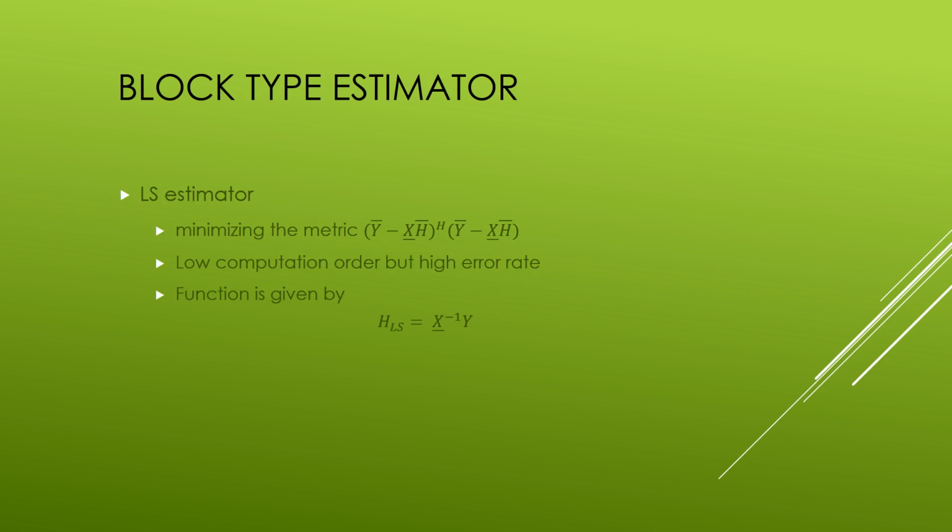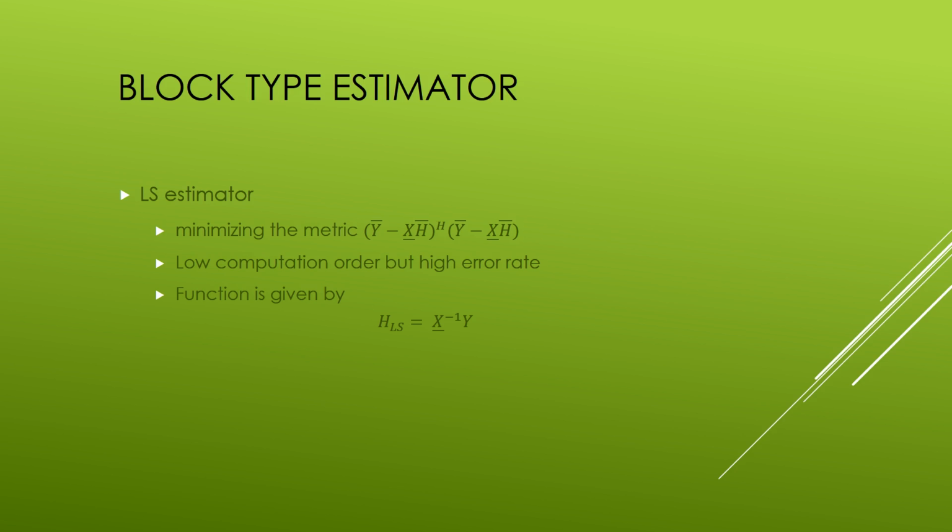So in this project, I will discuss two different types of block type channel estimator. One is called the LS estimator, the least square estimator. The metric this estimator is designed to minimize is shown in this function.